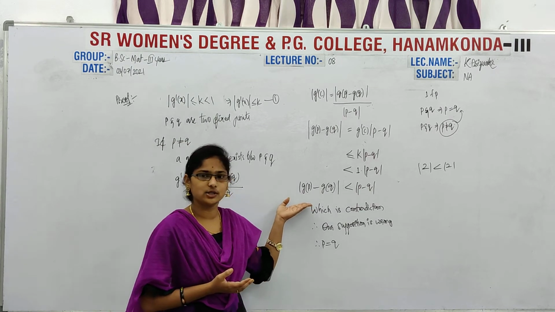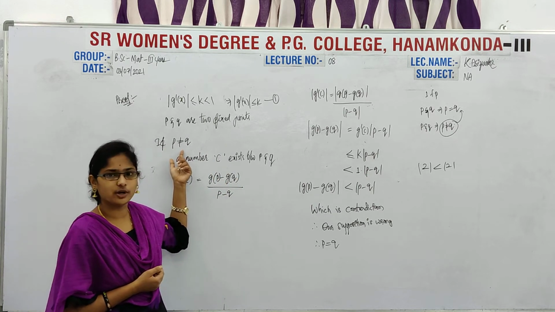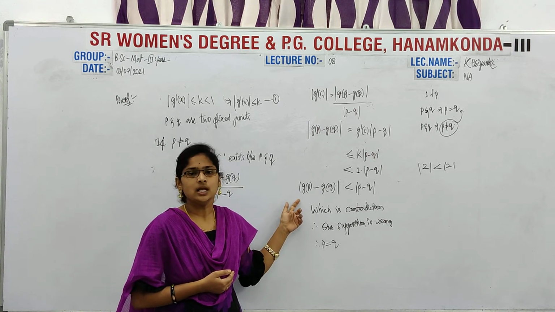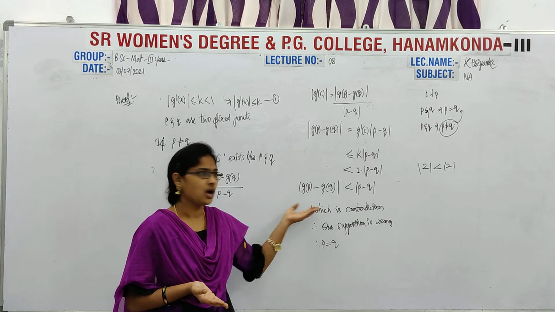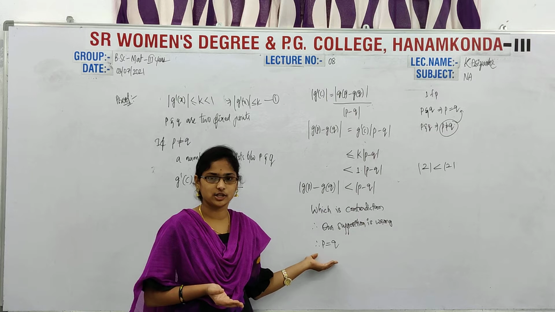So why am I getting this? Because I considered P is not equal to Q. So this is the wrong consideration. That's why our supposition is wrong, which is a contradiction to our supposition.